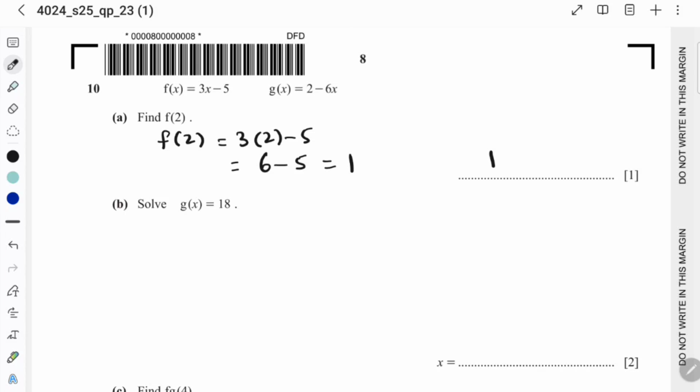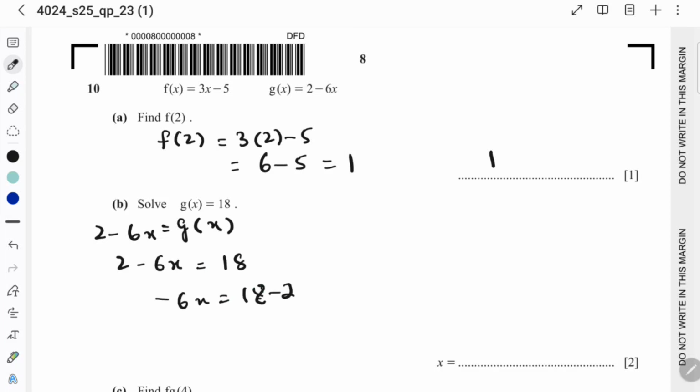Solve g of x is equal to 18. So g of x is equal to 2 minus 6x. It means 2 minus 6x is equal to 18. Minus 6x is equal to 18 minus 2, and 18 minus 2 is equal to 16. So x is equal to 16 over 6.